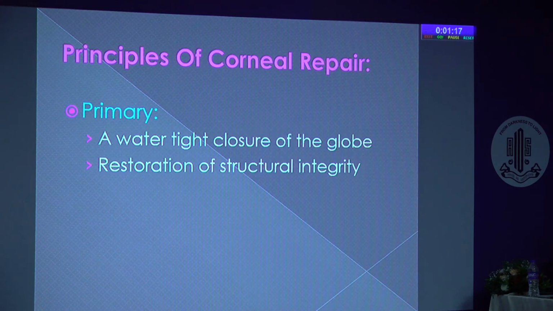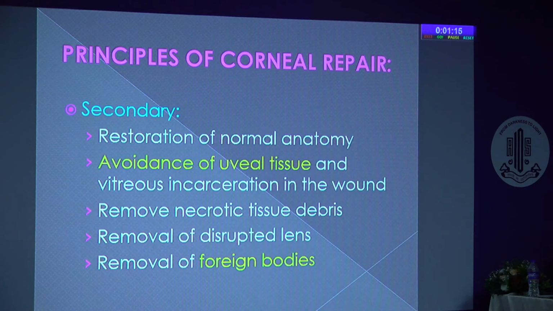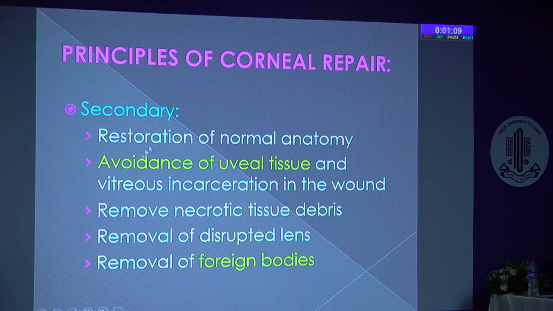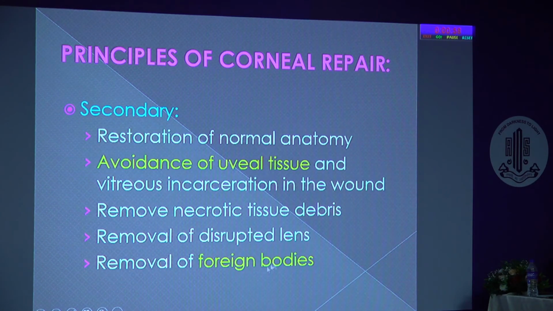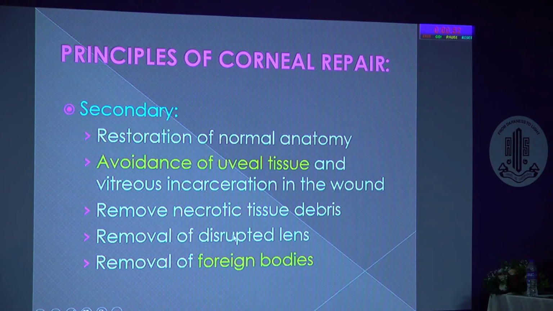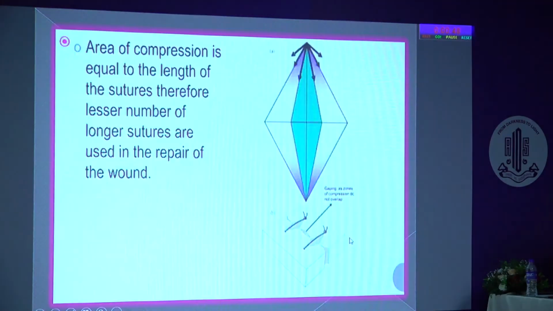And second is the restoration of secondary structures. Apart from that, there are many secondary objectives, but two I am telling you everyone should know: avoidance of any uveal tissue incarceration in the wound. That is the most important point when you are repairing with iris damage. And if any foreign body is there, then at least remove it. Removal of foreign body is as important as removal of incarcerated iris tissue.